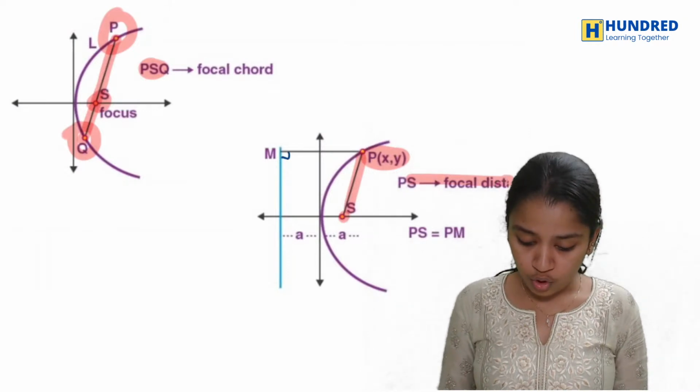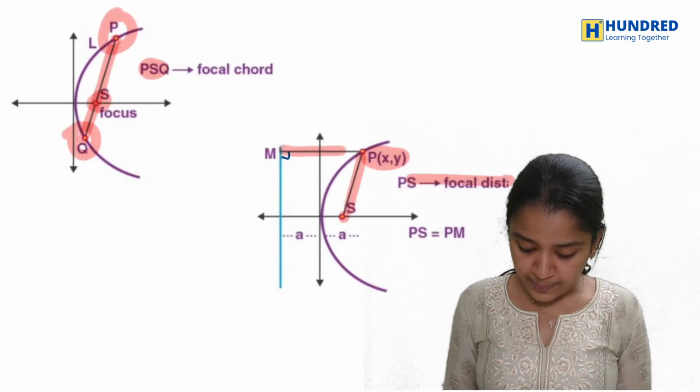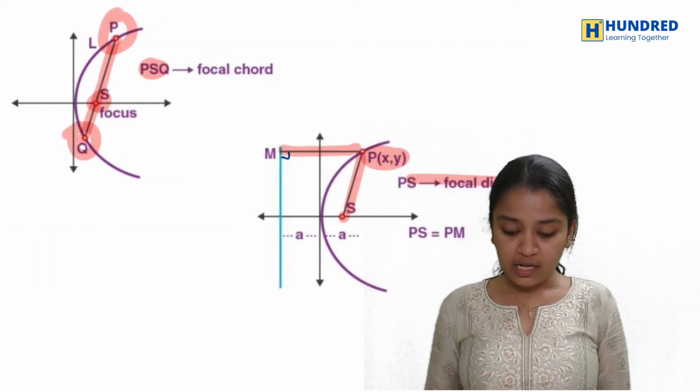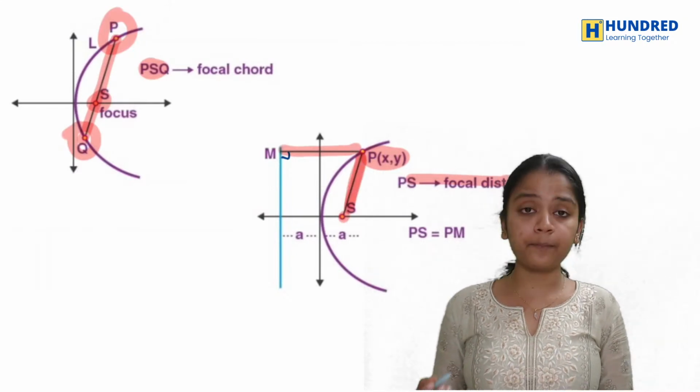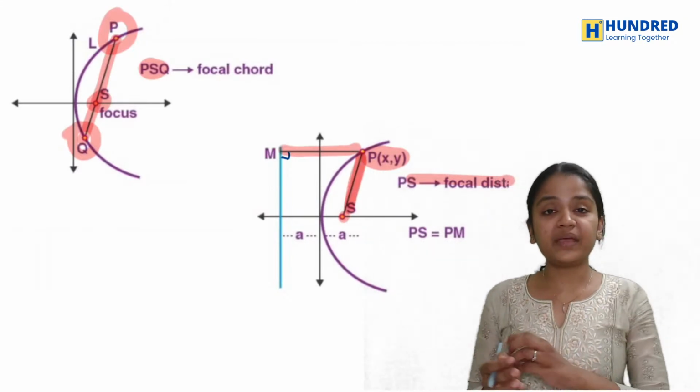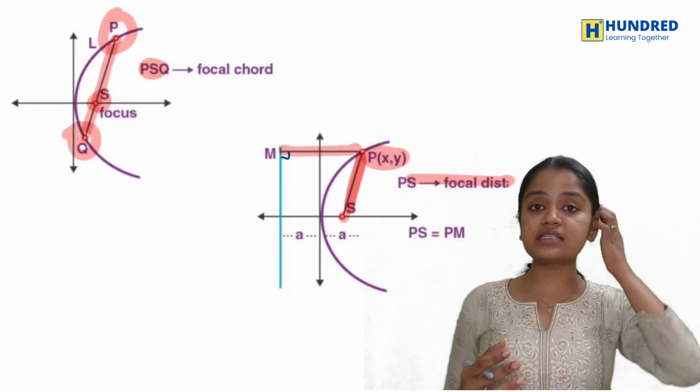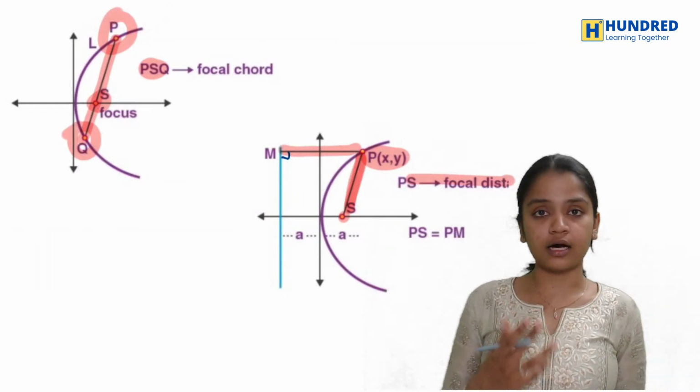So the distance from P to M is equal to the distance from P to S. We have already seen this at the start of our introduction, right?